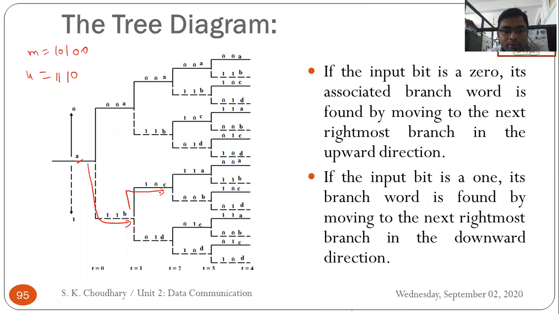Now you are at C. You receive the input 1. So your code word is what? 0 0. Now you are again at B. You receive the input 0. So your output is 1 0. Okay. Similarly, I have shown here at t equal to 4.